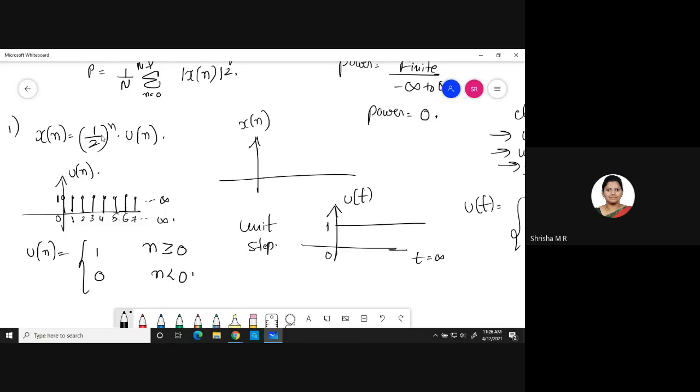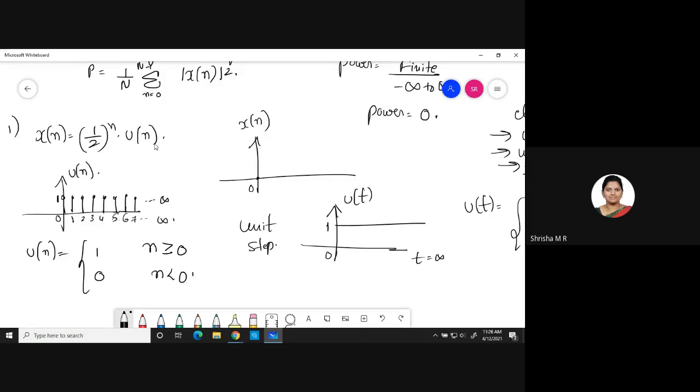That means the signal, this half to the power of n, exists from 0 to infinity, not for negative values of n. It will exist only for non-negative values of n, because the unit step signal exists from 0 up to infinity. U of n is from 0 up to infinity, amplitude is 1. So how will the signal look? Half to the power of n into u of n.